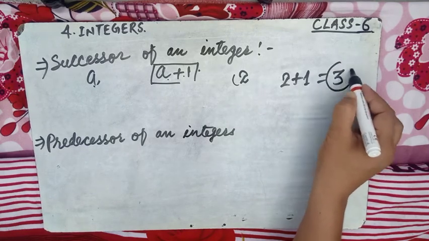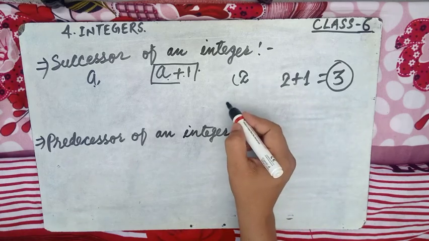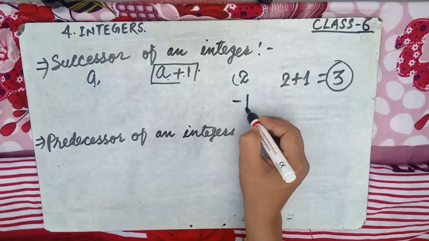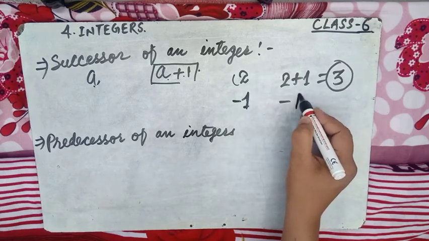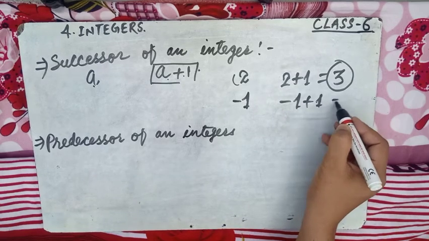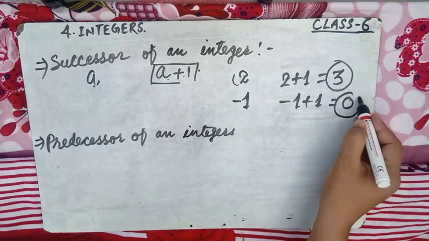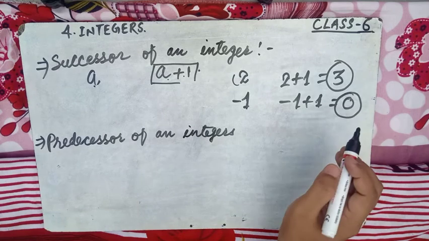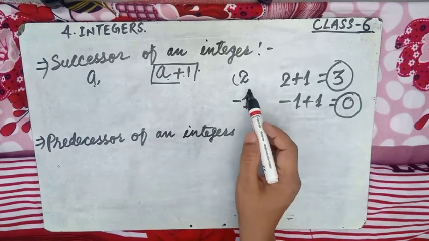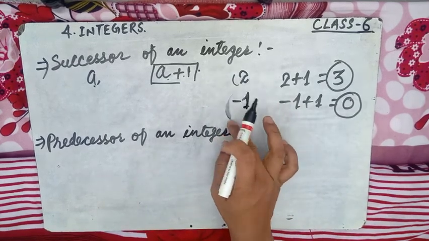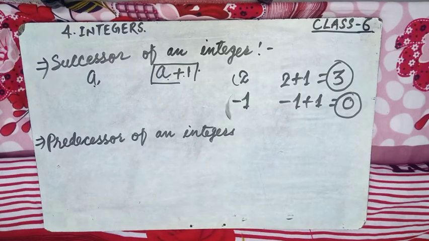So 3 is called the successor of 2. Similarly, suppose minus 1 is an integer. If 1 is added to minus 1 it becomes 0, so 0 is called the successor of minus 1. Why? Because we have to add 1 to the given number to get the successor of the given number. I hope you will get it.